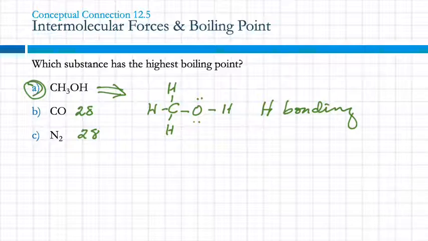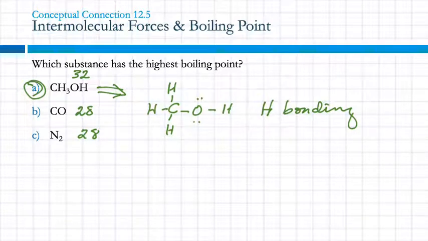And then this one is 32? So those are close. If one of these was 150, then we'd have to worry about that one having stronger dispersion forces. But these are similar in size. So the highest boiling point is the one with the strongest intermolecular force.